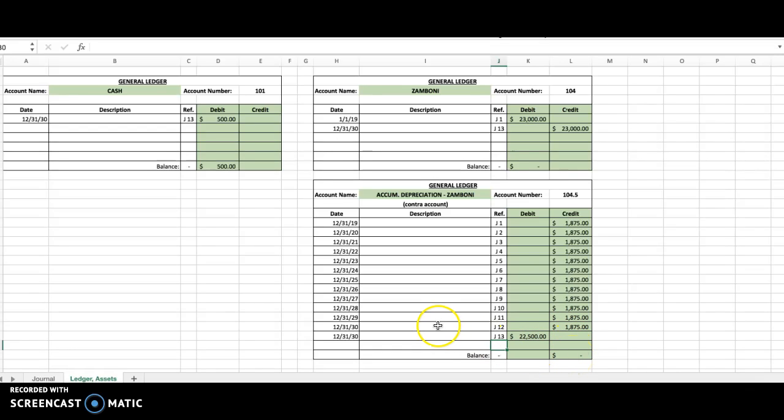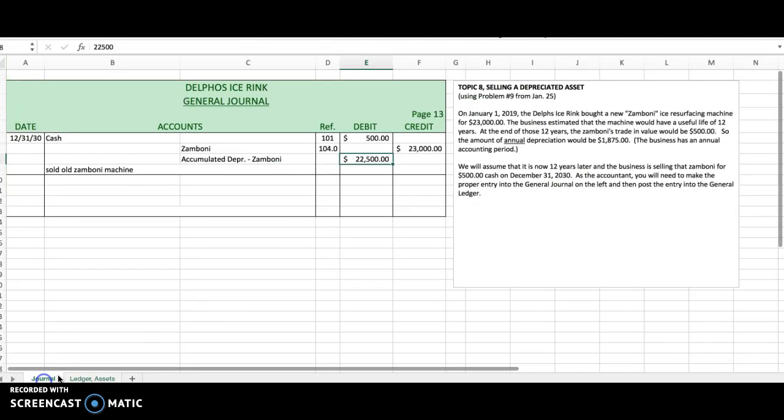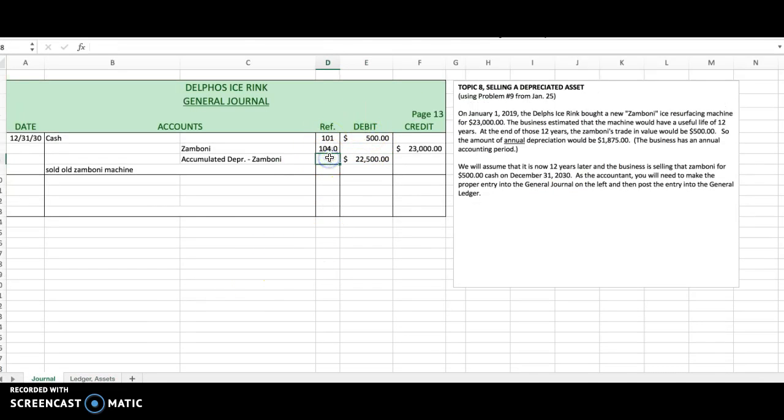So we have effectively closed these two accounts. We no longer have the Zamboni. We no longer need this account either. So we have closed both of them. Back in the journal. Whoops, it's not showing correctly, but that should be 104.5. There it is. And now this account has been completed.